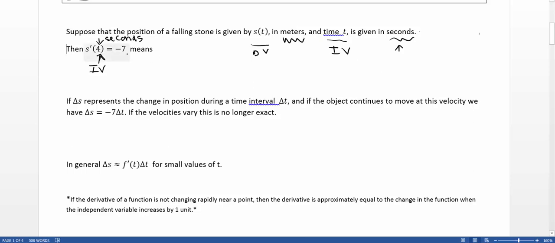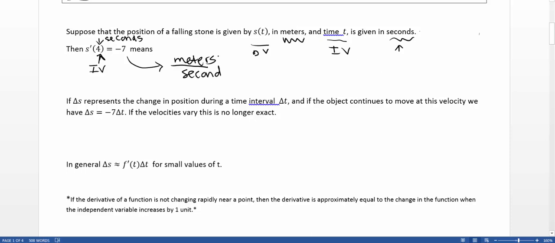Now this -7, that's our derivative when time equals 4. So that's the rate at which our position is changing when time equals 4 seconds. To get the units of the derivative, again, we're going to take the units of the dependent variable over the units of the independent variable. So here, that means I'm going to have meters per second.